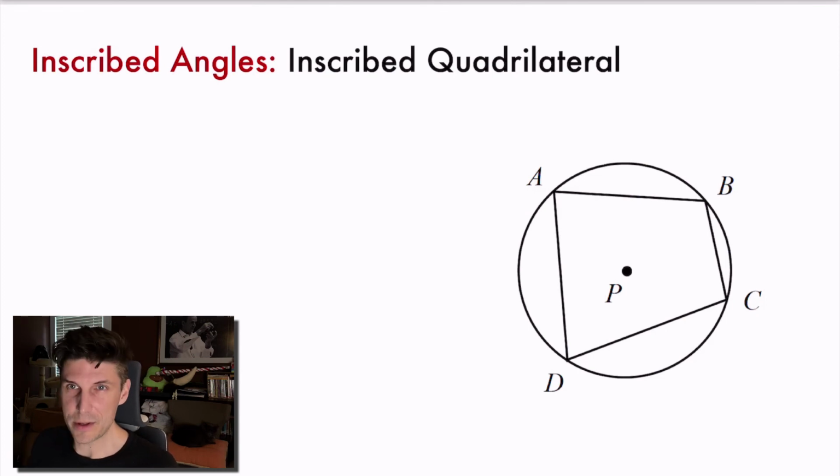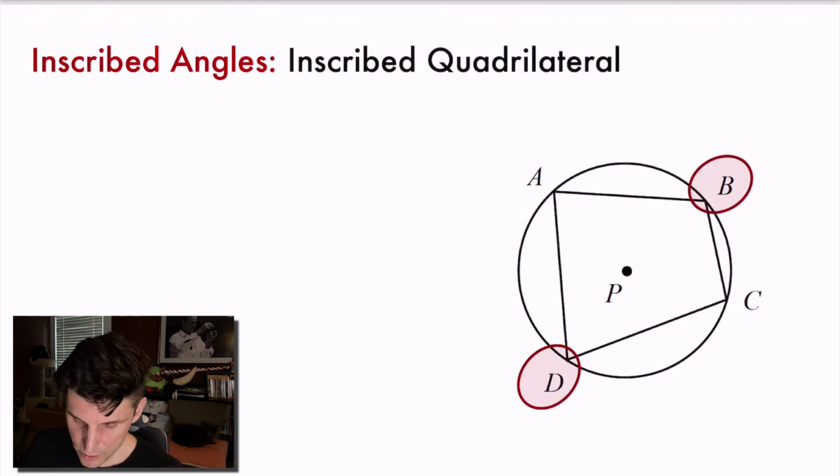Actually, any shape that's inscribed, and I believe we've talked about this before, but if not, now you know. A shape that's inscribed inside of a circle. Scribe means to write in. It's on the inside, so it's when every single vertex lies on the edge of the circle. So if you have an inscribed quadrilateral, there's a fun property that emerges, and that property is that the opposite angles are supplementary.